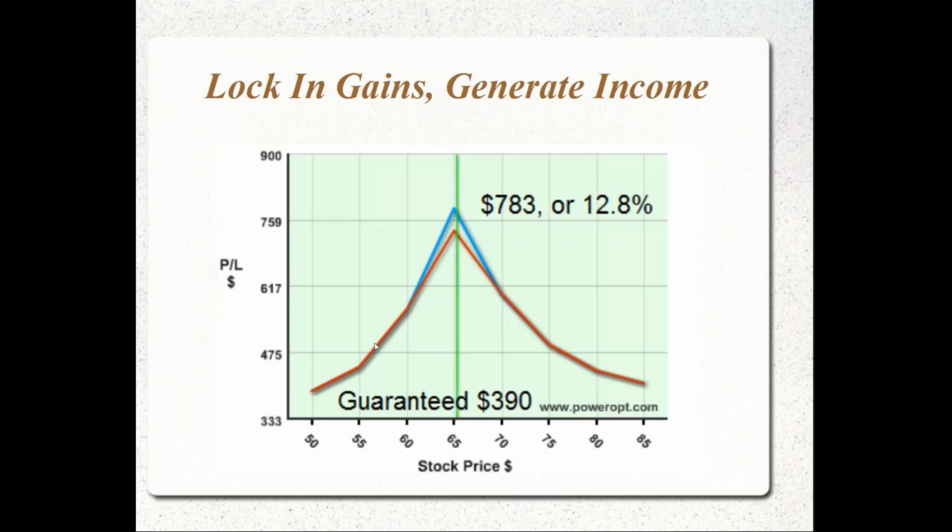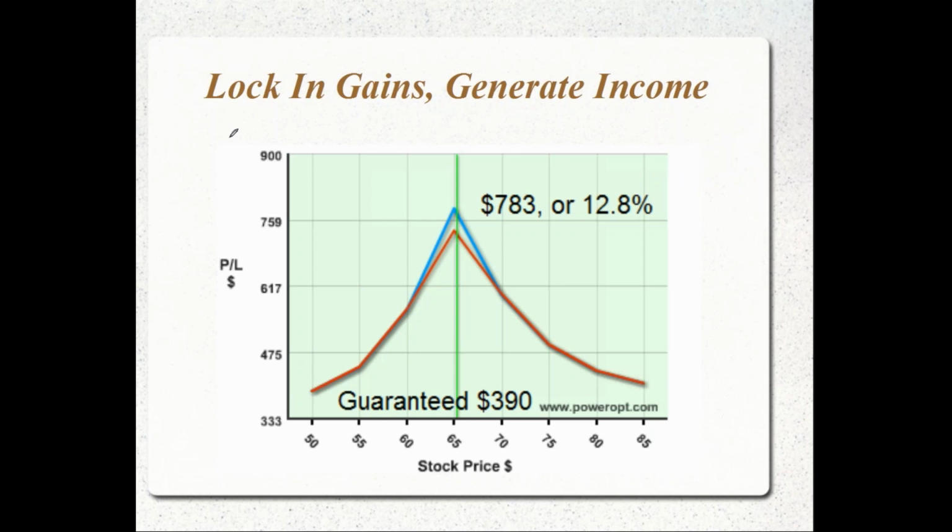Here's the profit and loss chart of that synthetic sort of calendar spread where we own stock at $56.80. We bought the July 65 put for $520, and I sold a March 65 call for 90 cents. So at March expiration, if the stock's trading right at 65, my profit would be $783 or 12.8%. Okay, and this kind of walked right into where I was going here, or point that I was going to make in a moment.